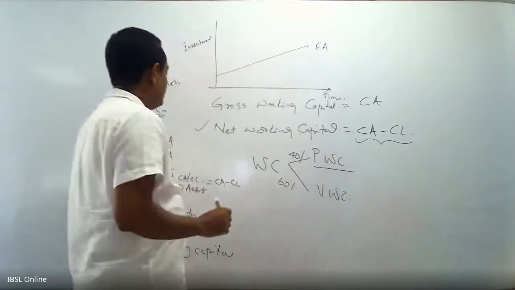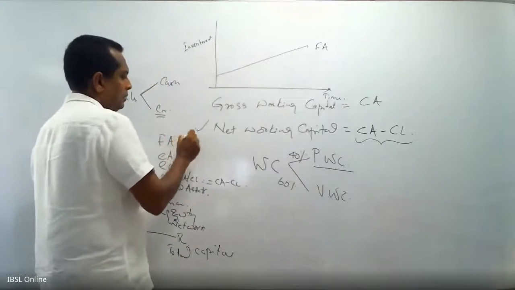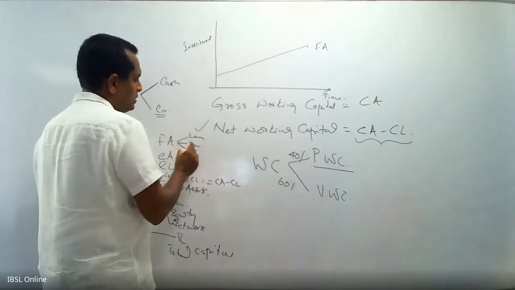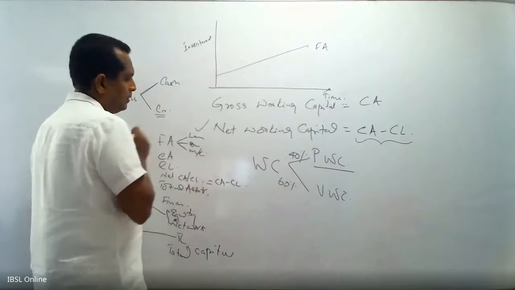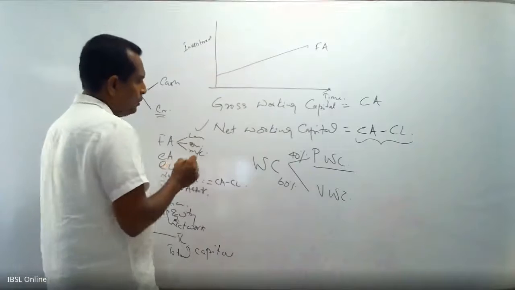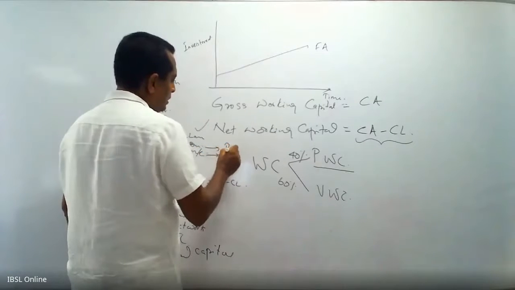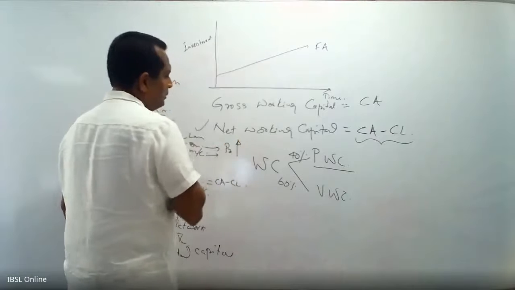What are fixed assets? Land, building, machinery, like that. So when you increase your capacity, your production goes up, right?